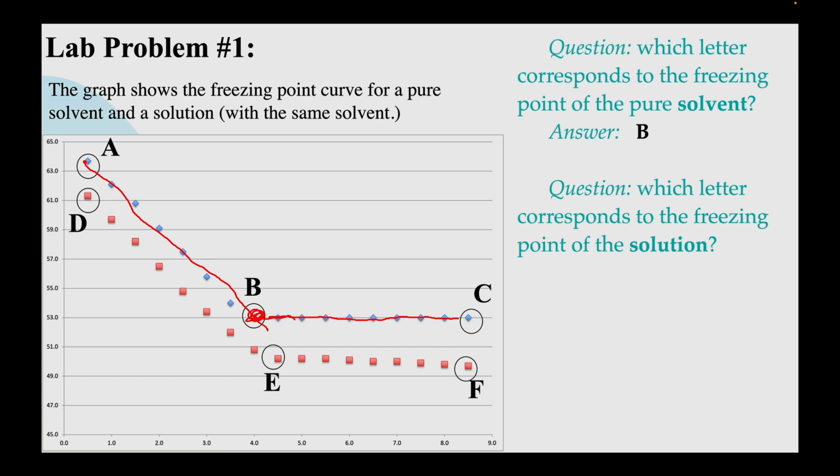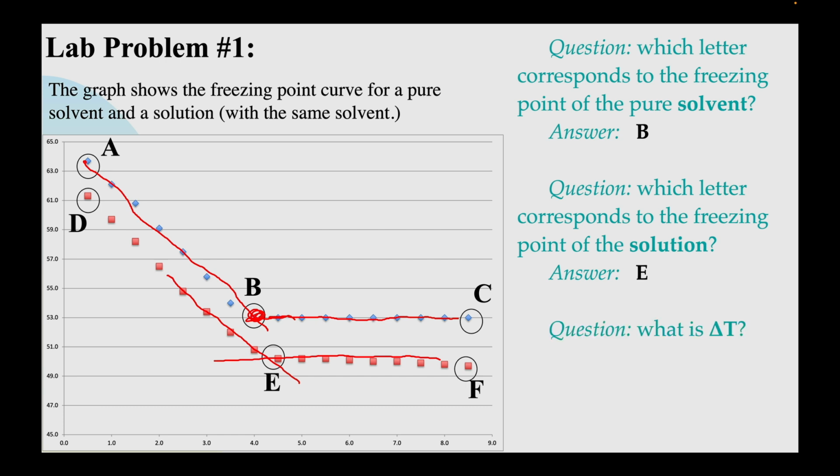Now on this, which is basically made up data, it's easy to see. Yours might be a little tougher, but it's the same idea. You want to look where there's a conjunction of two lines, and where those lines come together, that's going to be the freezing point. So back to the question, the letter that corresponds to the freezing point of the solution would be E. E is lower than B, the freezing point of the pure solvent, and that's the idea here. Solutions have lower freezing points than the pure solvents that they come from.